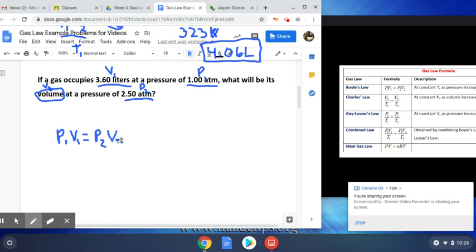And this, kids like the best because it's already in a straight line. You don't even need to cross multiply. You just go and solve right from here. So right now we are looking for V2. I'm going to go ahead and circle that. And then how do we get V2 by itself? We're going to divide by P2, and you have to do that on both sides.